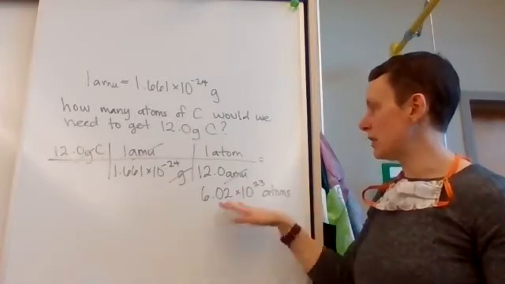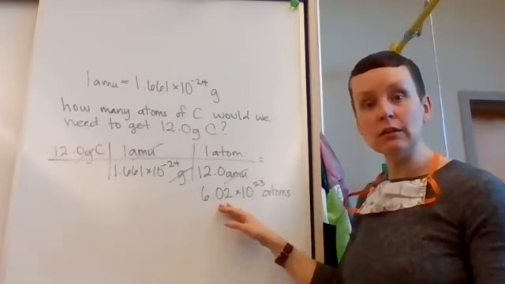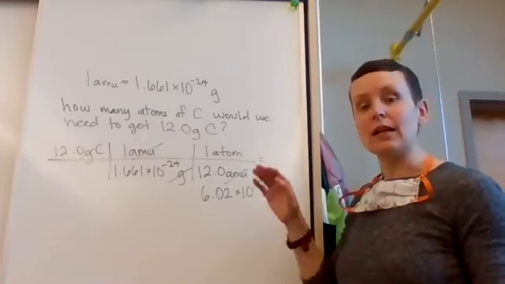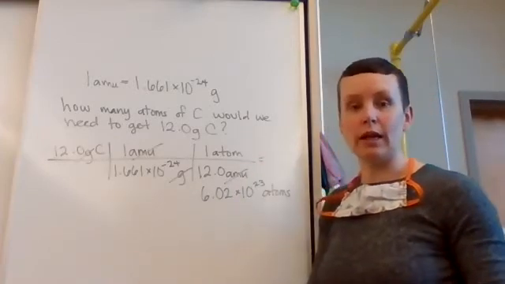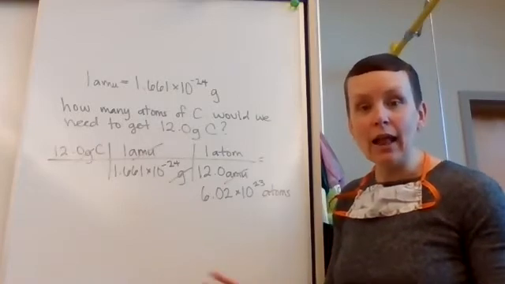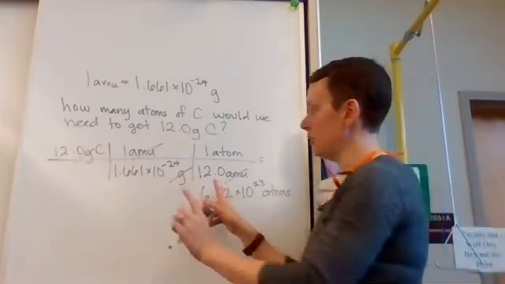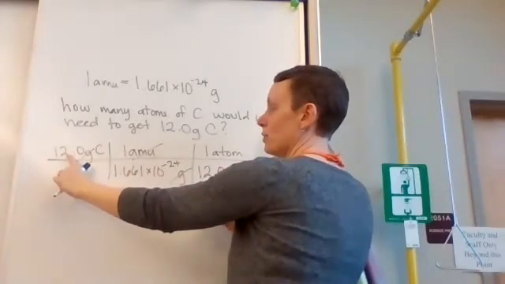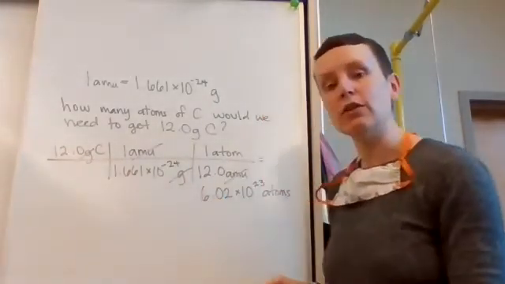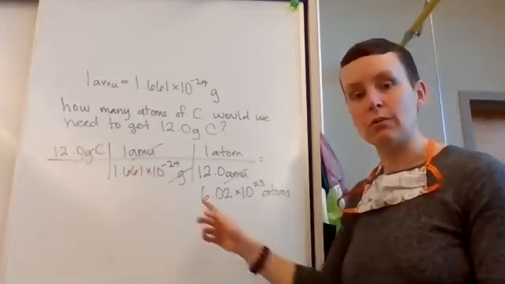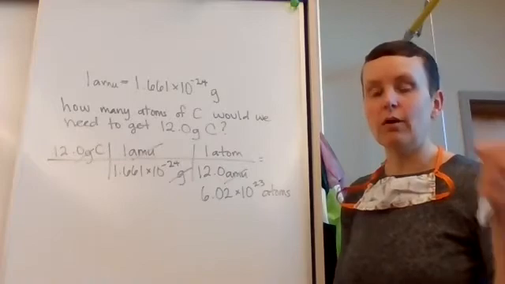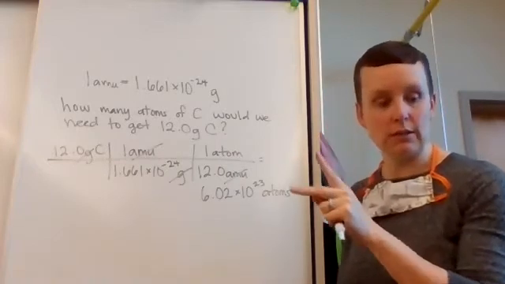If you have this many atoms of nitrogen, it's going to weigh the same number of grams as a single atom of nitrogen weighs in AMUs. Any element will work, because the grams and the AMUs cancel, and if you choose a different element, those two numbers would still match. You're choosing to make that mass number represent two things.